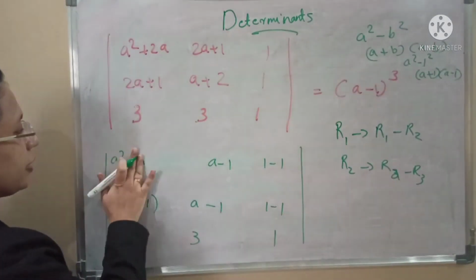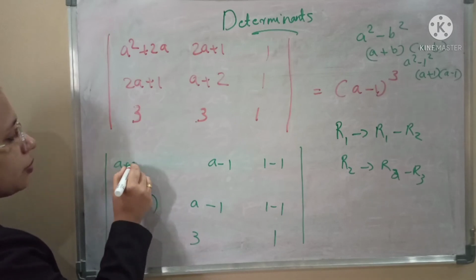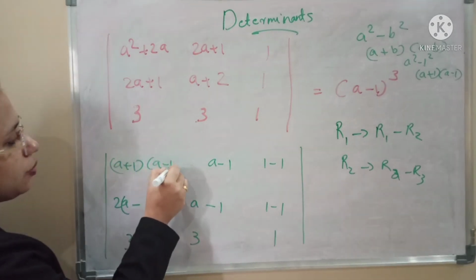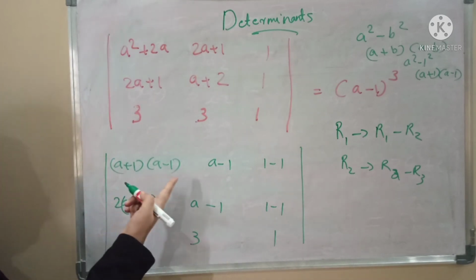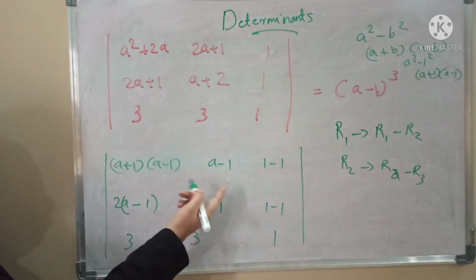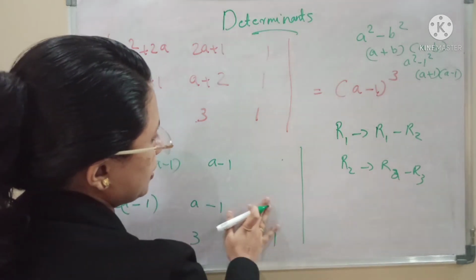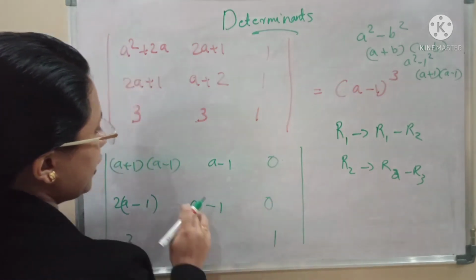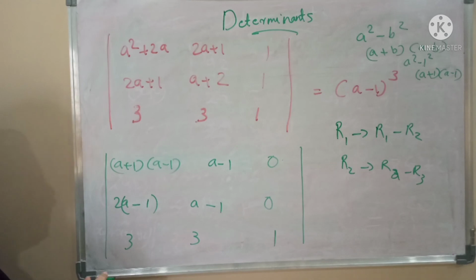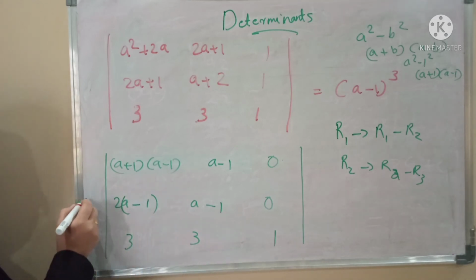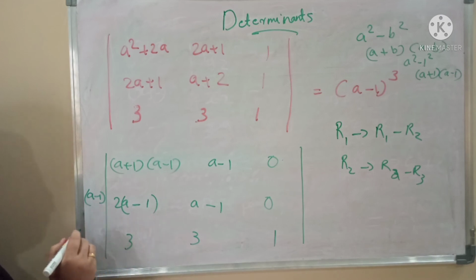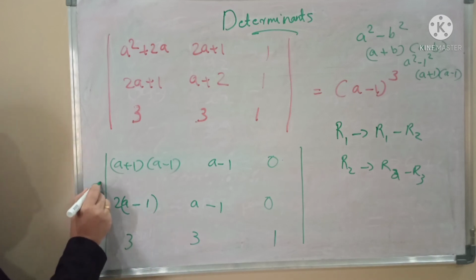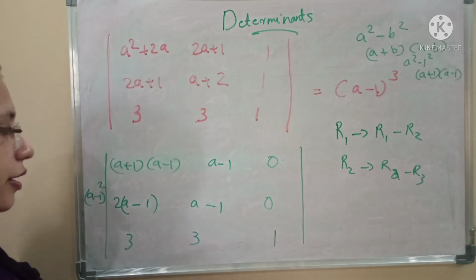Clear? So I can write it as (a plus 1) into (a minus 1). Now from R1 I can, so these two terms will be 0, right? I can take a minus 1 outside from R1, also from R2 a minus 1 outside, so (a minus 1) whole square we will get.